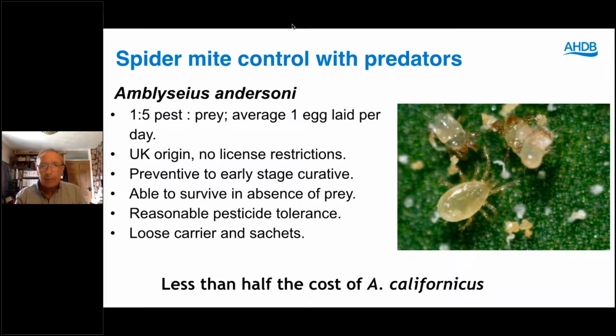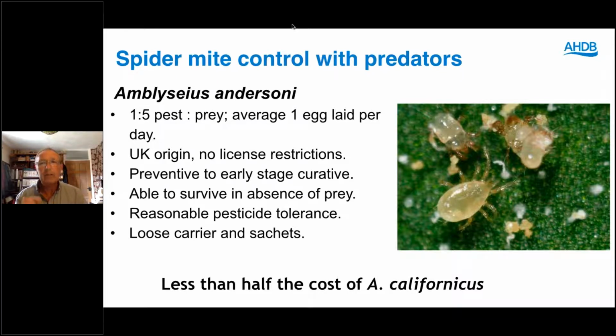Okay, next predator, Amblyseius andersoni. Notice that the prey ratio is not as voracious as the Phytoseiulus. The photograph clearly shows the Amblyseius mite, and above it is their food mite. So these particular predators are not bred on spider mites, they're bred on what's called a factitious host.